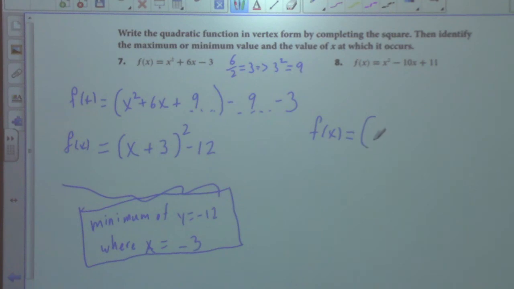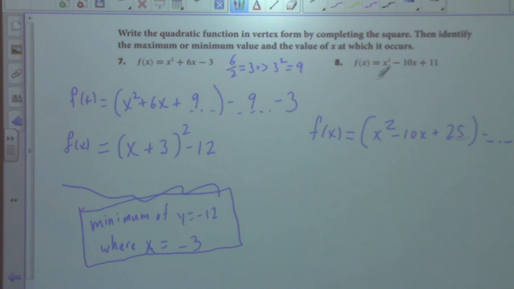So we're going to put x squared minus 10x plus something here. And then we're going to subtract something, and then plus 11. What is going to go right here? 25?